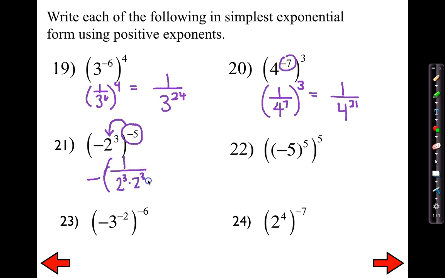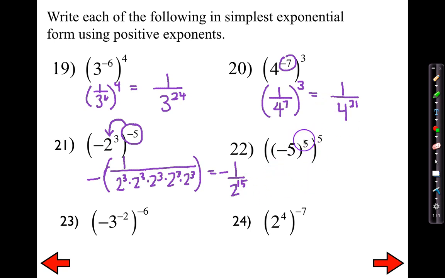So once, twice, 3 times, 4 times, 5 times. So that is going to leave me with a negative answer. So it's negative 1 over 2 to the 3 here, 6, 9, 12, 15. So it's going to be a negative 1 over 2 to the 15th power.